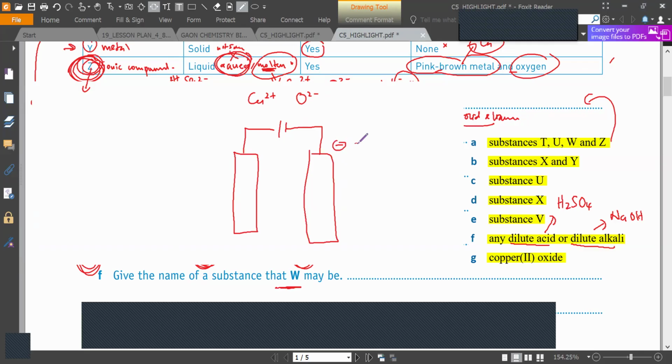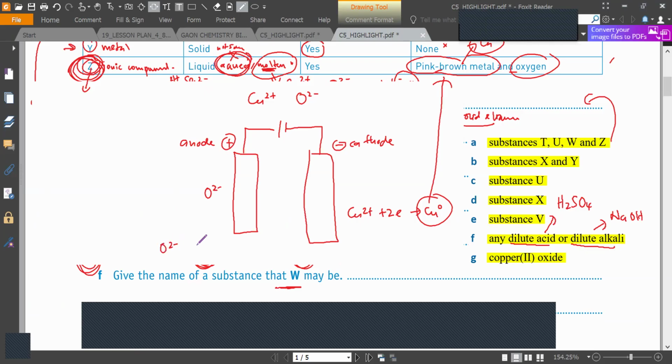Cathode, anode. The cathode will attract the copper 2 plus, which gains 2 electrons to form copper metal. That's how we get this pink brown metal. At the anode side, we attract the negative ion.